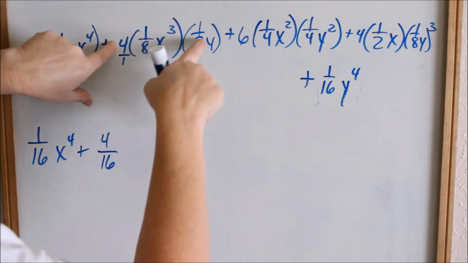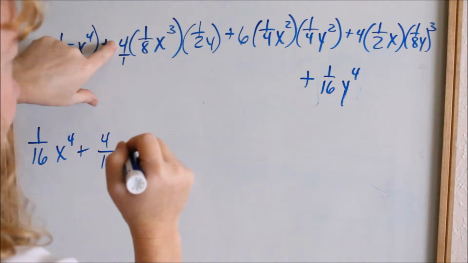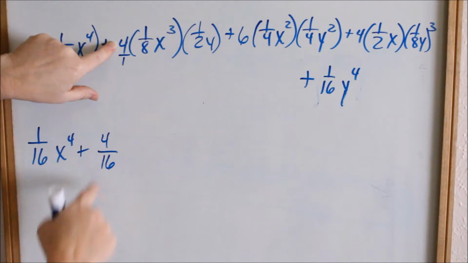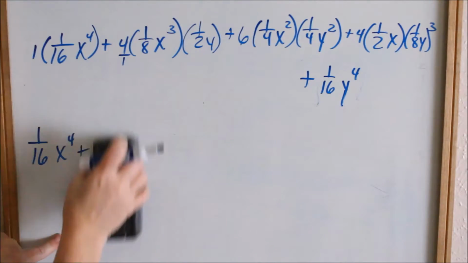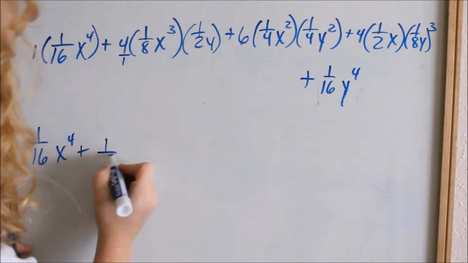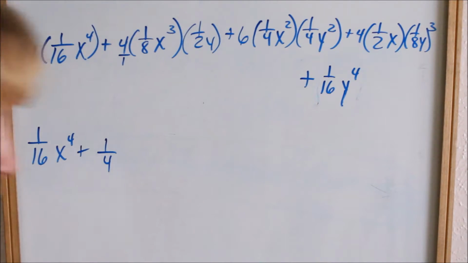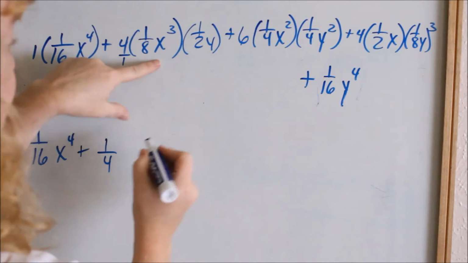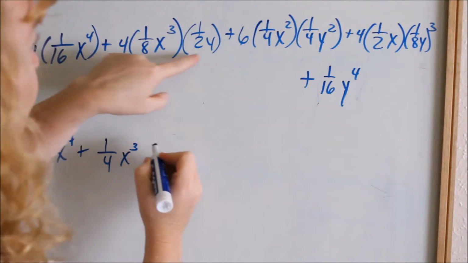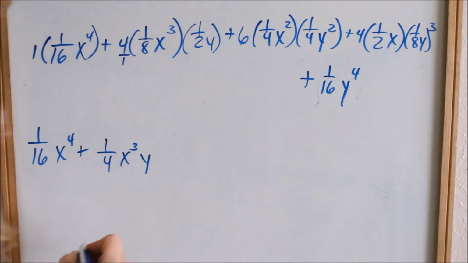Yes, you can cancel up here. You can do that first, and that's okay. 4/16 reduces down to 1/4. Okay, reduce all fractions. So that reduces down to 1/4. And then, so we did all of our numbers. Now we have x cubed times y. So you just write it as x cubed y.